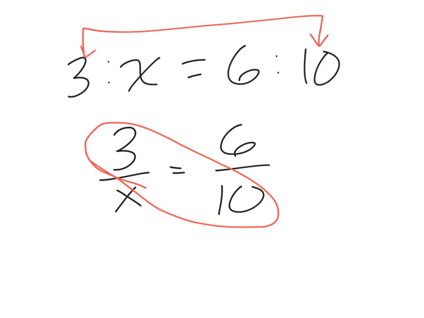So 3 times 10 in both cases, no matter which one you're using. It's 3 times 10, which we know is 30. And then our next step is to take that answer and just divide by the last number. So we get 30, and then now I'm just going to divide by that 6. And 30 divided by 6 is 5. So that means x is equal to 5 in this case.